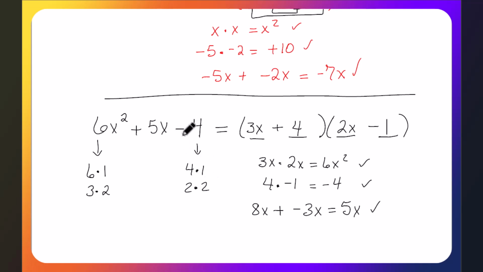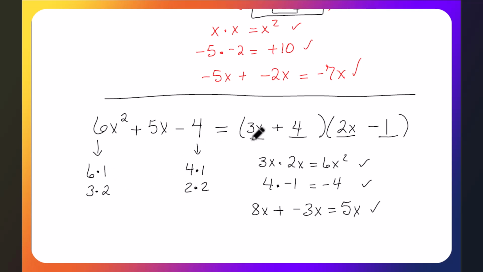And because it's a negative 4, that means one of these numbers has got to be negative. So again, I'm looking for 4 things to fill in. Is there anything that tells me what to fill in? Sadly, the answer is no. I just have to try different combinations.